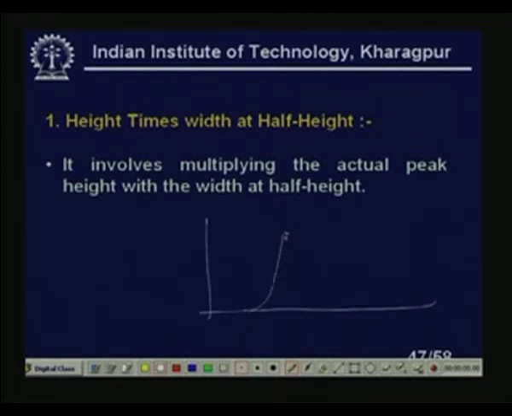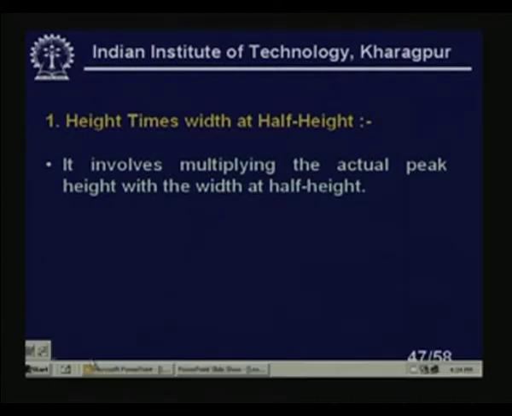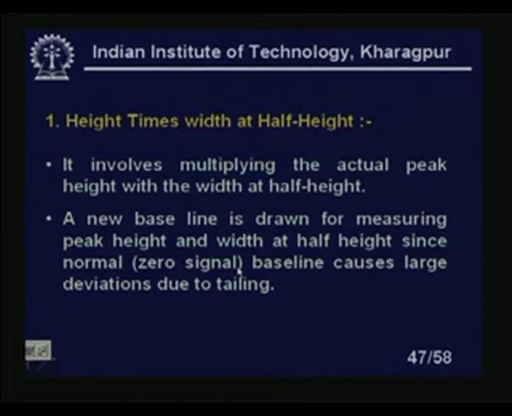Suppose this is the peak height, x, and this is the width at half height, y. So, x into y is the height times width, which will give you the measure of the integration. A new baseline is drawn for measuring peak height and the width at half height, since the normal zero signal baseline causes large deviation due to tailing.